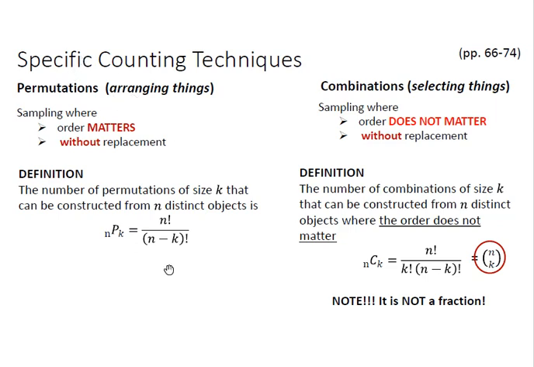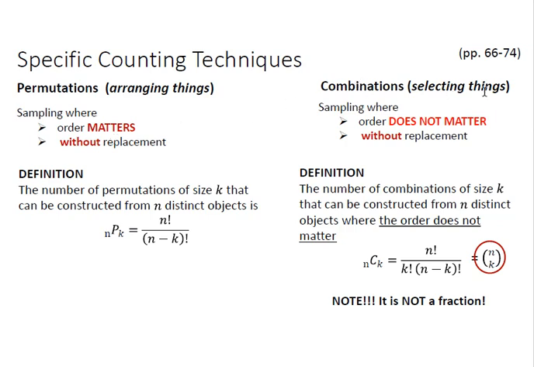Okay, in this slide you can see the formula for obtaining permutation of k out of n and the combination of k out of n. Again, in permutation, the keywords are arranging, ordering, order is important.